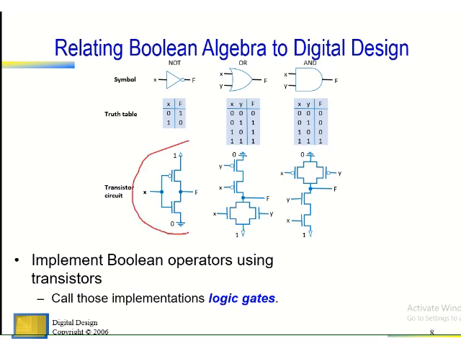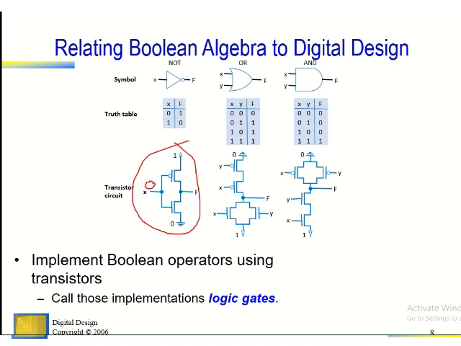This one is a transistor level implementation of a NOT gate. Basically, we are using the CMOS transistor logic for implementing this NOT gate. Let's suppose the input is a 0.